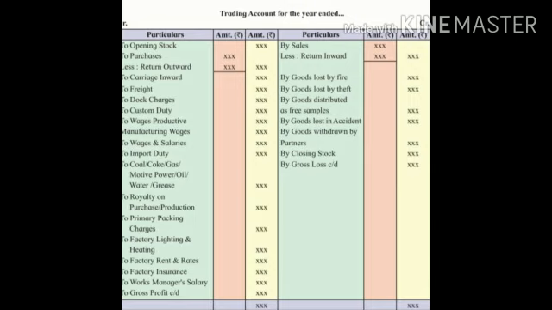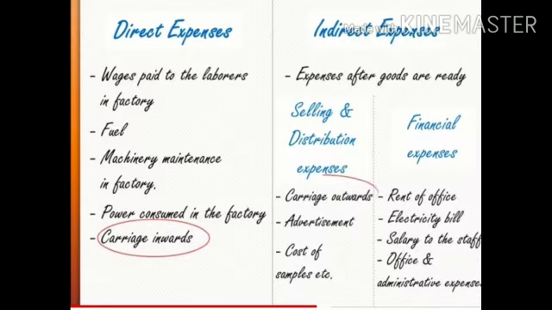Trading account is opened in a trading organization for the purpose of finding out the gross profit or gross loss of the year. In the trading account, all direct expenses are recorded. What are direct expenses?